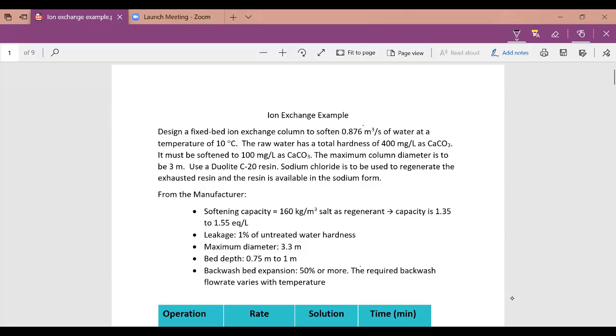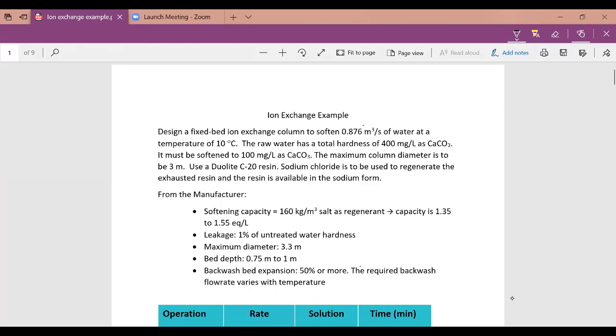That's equivalent to 20 mgd. The temperature of the water is 10 degrees C. You're told that the raw water has a total hardness of 400 milligrams per liter calcium carbonate, and you wish to soften that to 100 milligrams per liter as calcium carbonate.